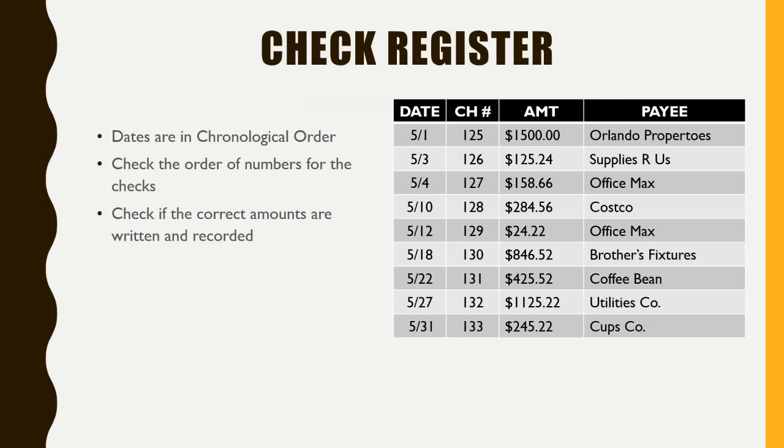So when you cut the check, at least you know exactly who that check went to, when you wrote it, what check number it was, and how much you wrote that check out for. That's the same thing here: you will need a check register. Here I have a list of all the checks I've written and the amount, who I wrote it out to, and what date it was written.